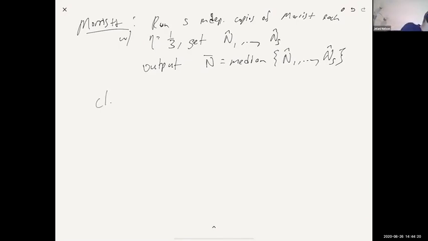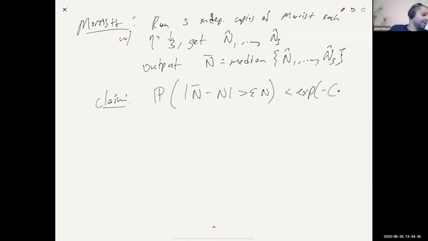And now the claim is that the probability that n line minus the actual value of n is bigger than epsilon times n is at most exponentially small in s.